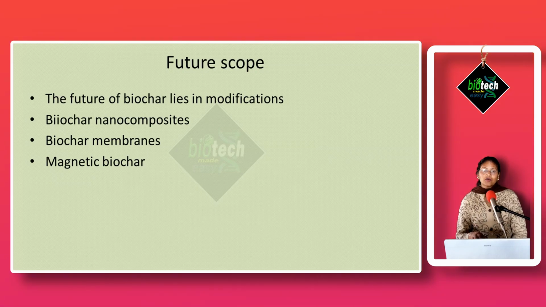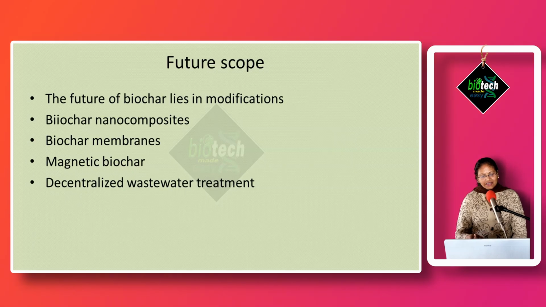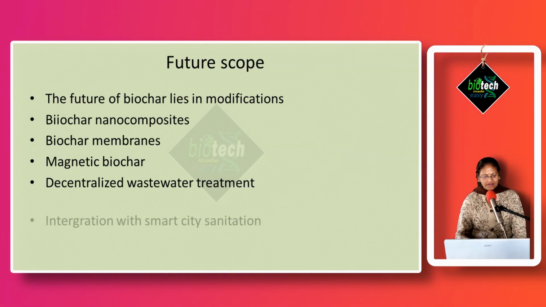The separation is also very easy here. And the decentralized wastewater treatment, we already talked about it, that decentralized units do not need big machineries or energy, so that can be used for the rural areas.